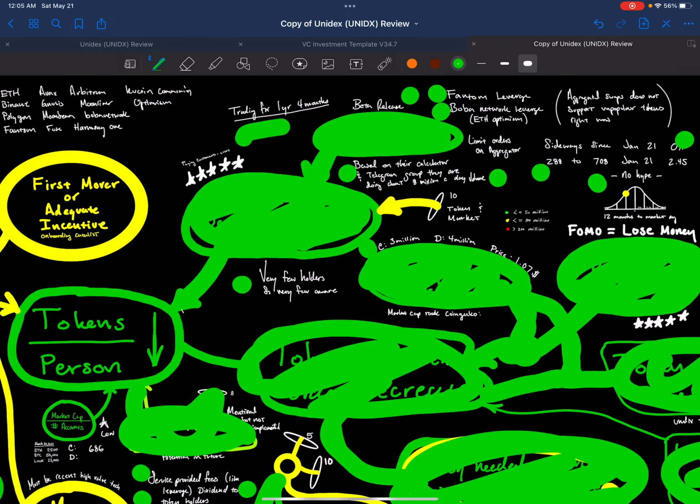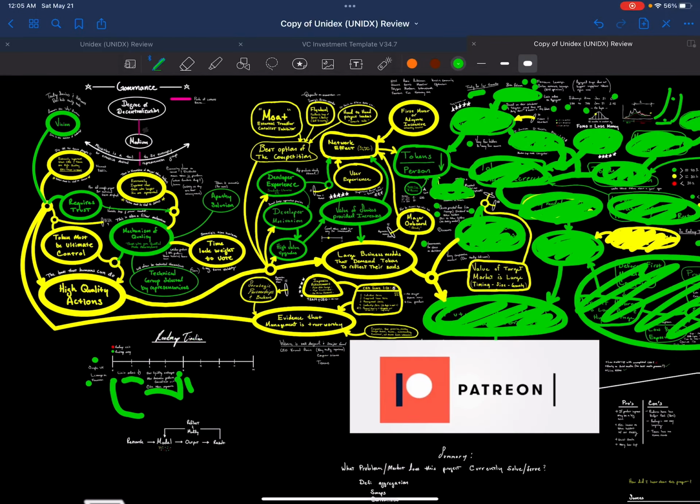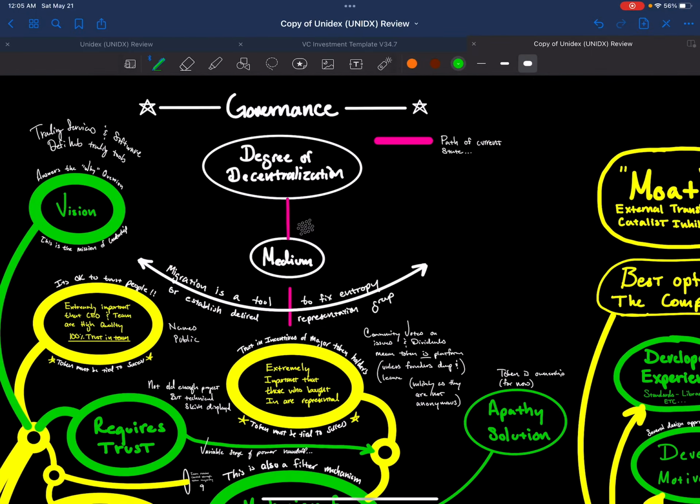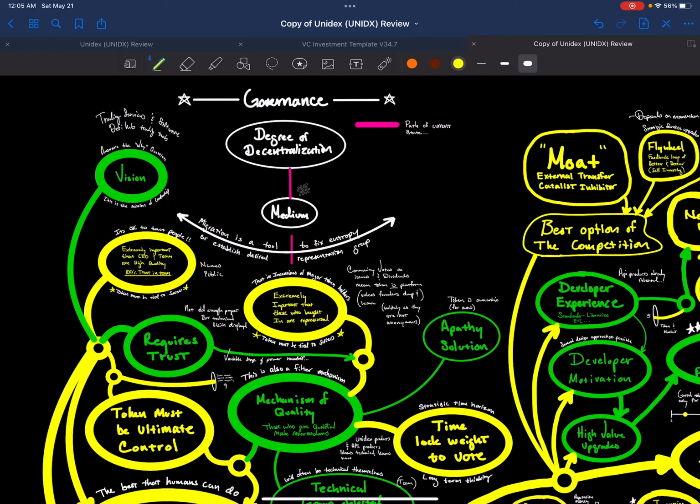However, I did put that it does have a live niche, and that is a good thing. Now, regarding the degree of decentralization, I put that it is medium because the token pays a dividend, and the community votes on what to do with the platform. But that is not hard-coded in, and the team still is in control of this, in a sense.